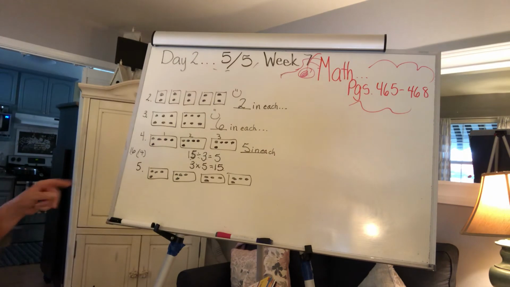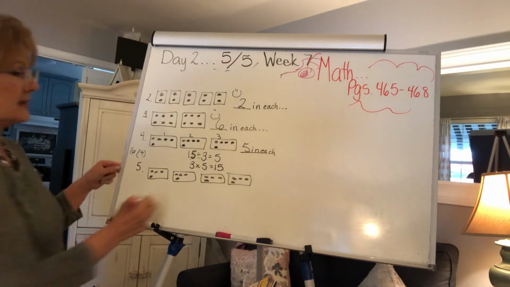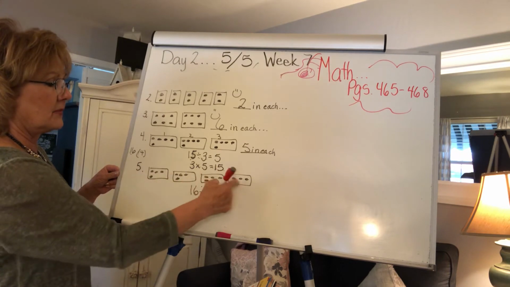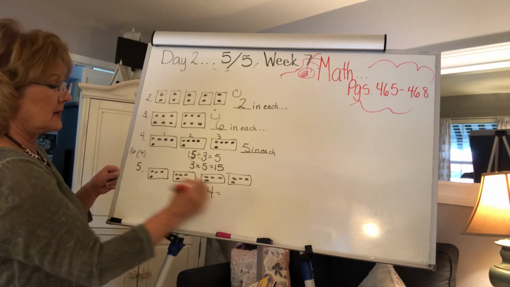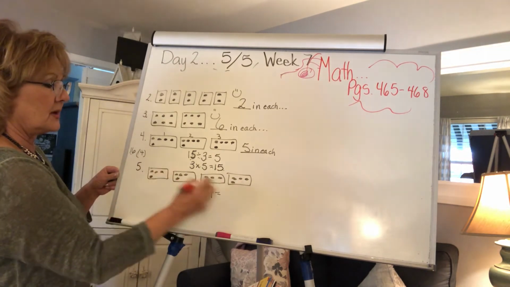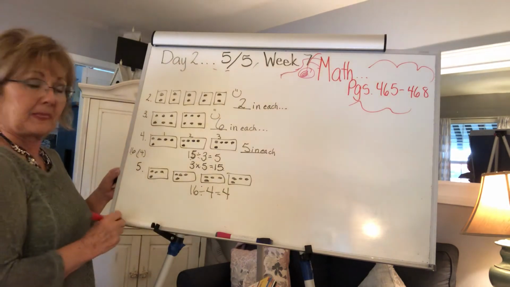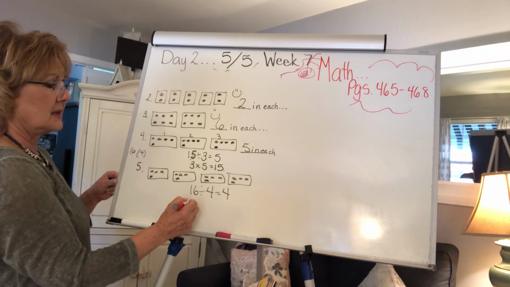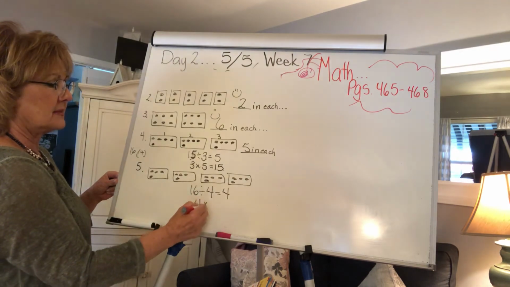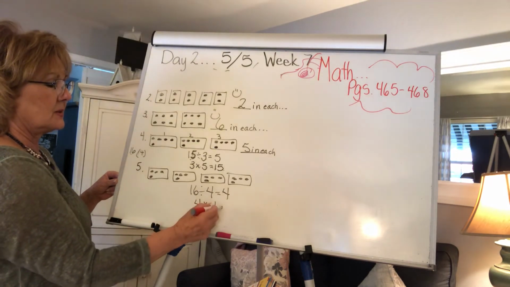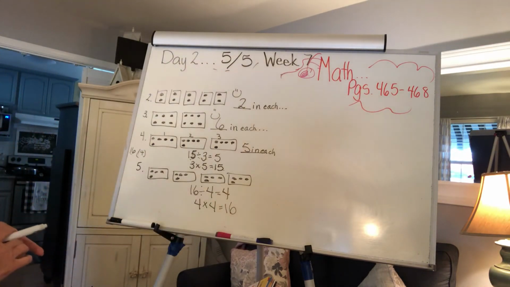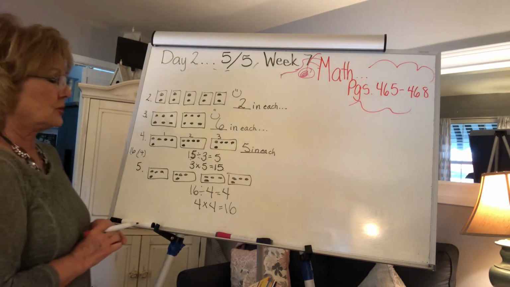We ran out. So what did you get? 16 divided equally among 4 groups would give you 4 in each group. The multiplication sentence is 4 times 4 equals 16. Okay, cool, huh?